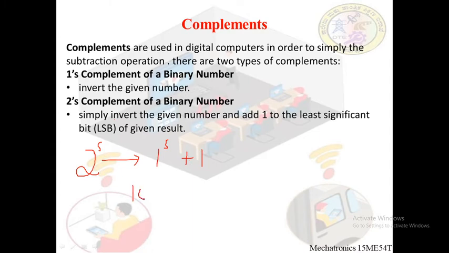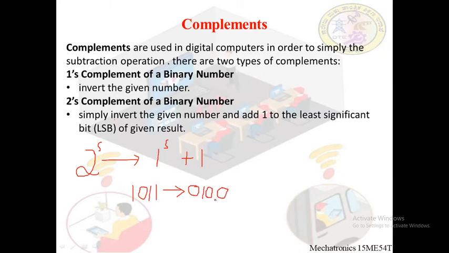Now let us say this is the number for which I want to find out the twos complement. In order to find out the twos complement, we need to first find out the ones complement. Ones complement can be found out by changing 1 to 0 and 0 to 1. Here 1 becomes 0, 0 becomes 1, and again these two become 0, 0.